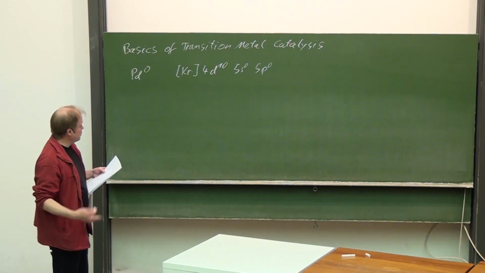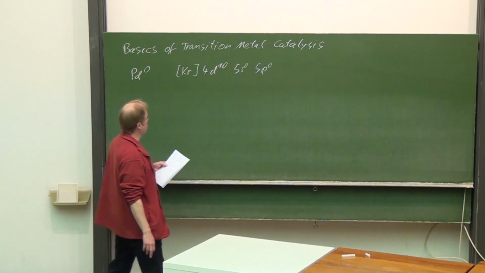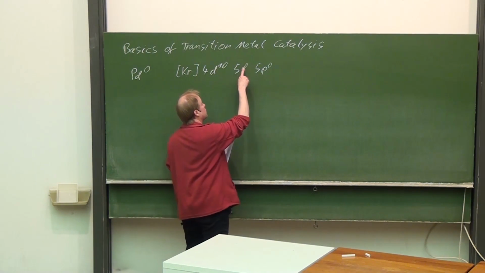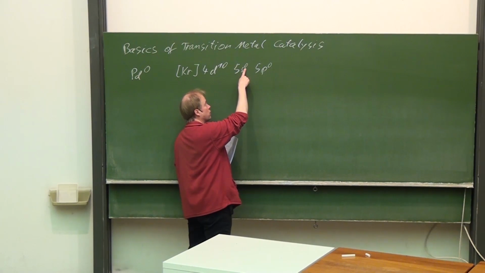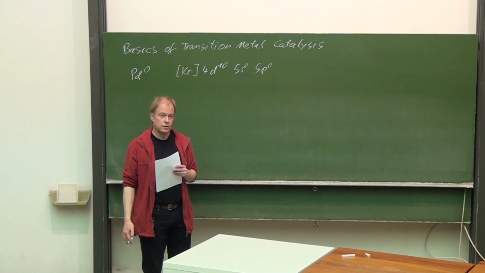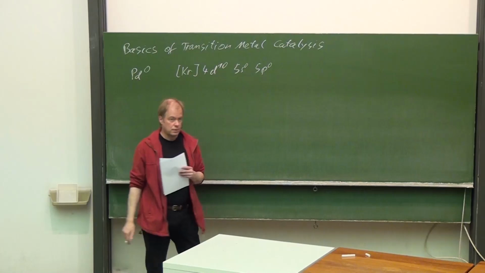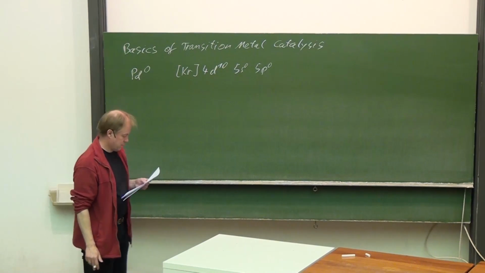To get to the electron configuration of xenon, we of course need 2 electrons for filling up the 5s orbital and another 6 electrons for filling up the 5p orbitals.